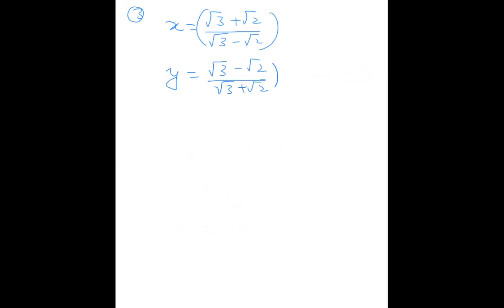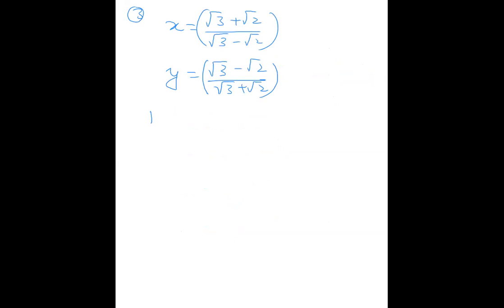And the third type of question, you can solve or use the rationalization of the number, like x is equal to root 3 plus root 2 upon root 3 minus root 2, and y is equal to root 3 minus root 2 upon root 3 plus root 2.